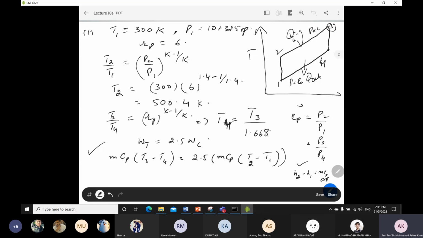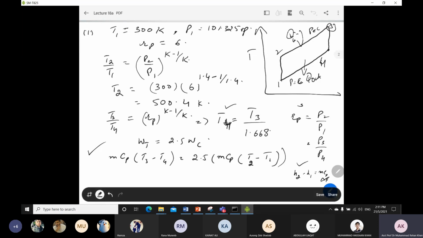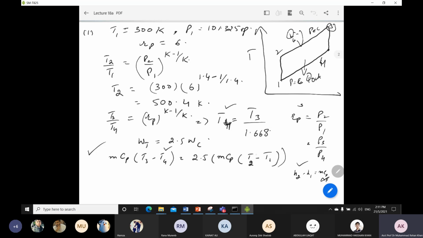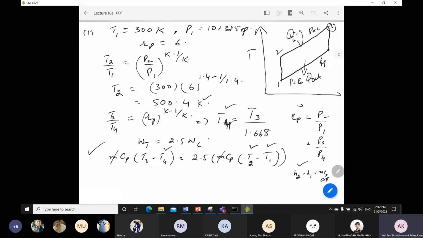Now simply put the value of T4, which is equal to T3 divided by 1.668. You already have the value of T2 from the earlier part, and T1 is given in the question. Solve it for T3; the m value will be cancelled, and the Cp value is also cancelled because it is the same.